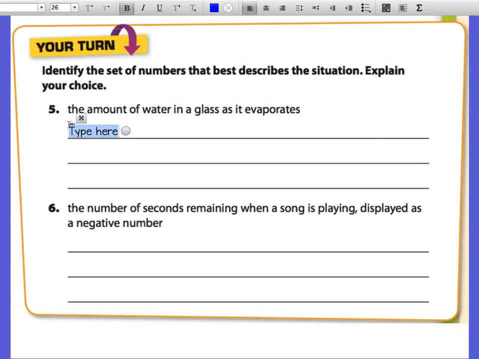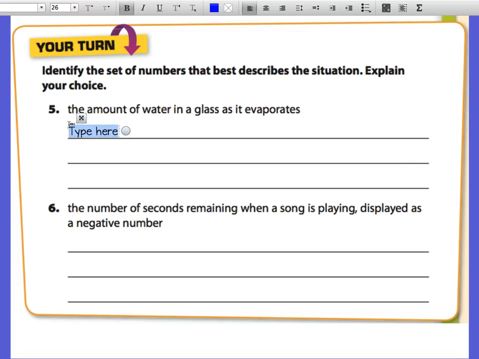So the amount of water in a glass as it evaporates. In this case, the amount of water is always going to be larger than 0, but it can also have a fraction or a decimal.